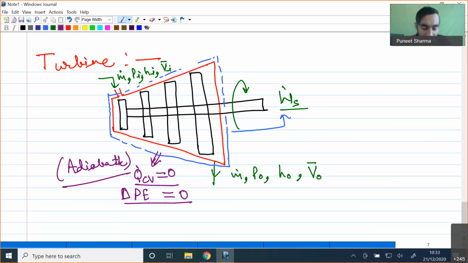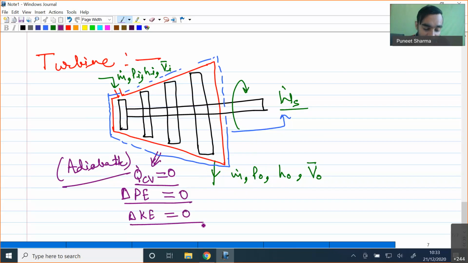Apart from that, while our stream enters, it has a certain inflow velocity as well as a certain outflow velocity. While taking the change of outflow minus inflow velocity, that will also be small in comparison to the change of enthalpy. So delta kinetic energy is also considered as 0 for the turbine. Why?